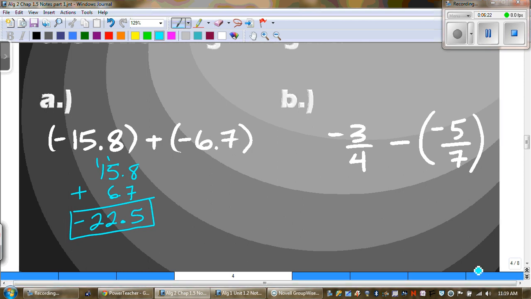All right. Now, for B, first thing I'm going to do, click. Now, we need to find the LCD of 4 and 7. Some of you guys might know it right off the bat.